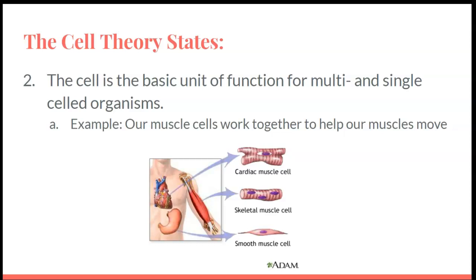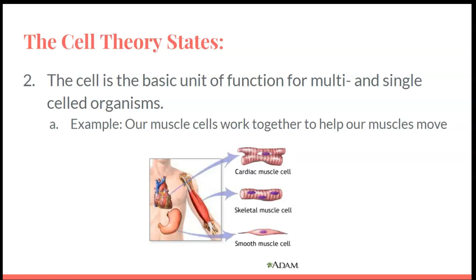But all of those muscle cells, even though they look very different from each other, well, maybe they don't look that different, but under a microscope they do actually look quite different, work together in the same way. They all come together and do what they need to do. In this case, it's expanding and contracting so that they can help produce this function that is necessary for these organisms.